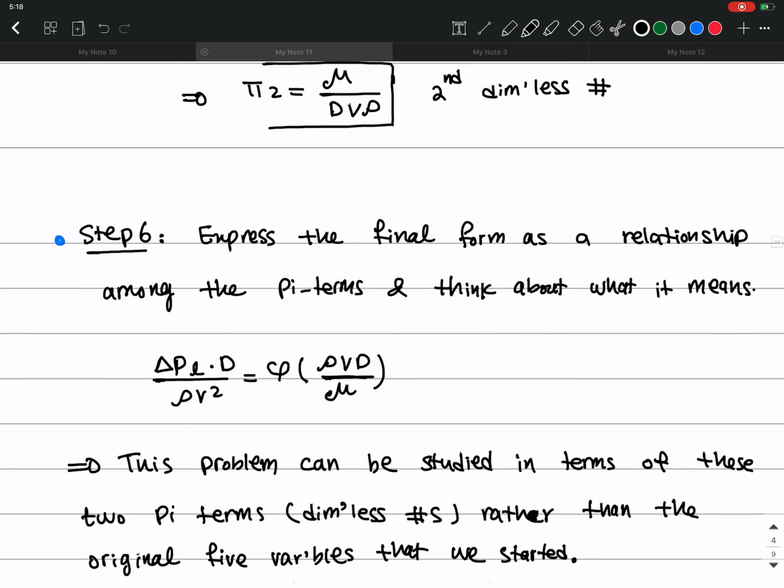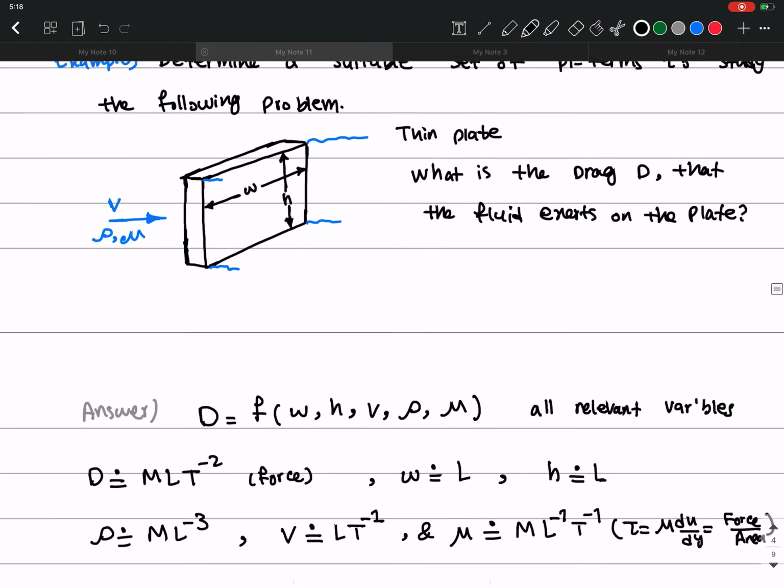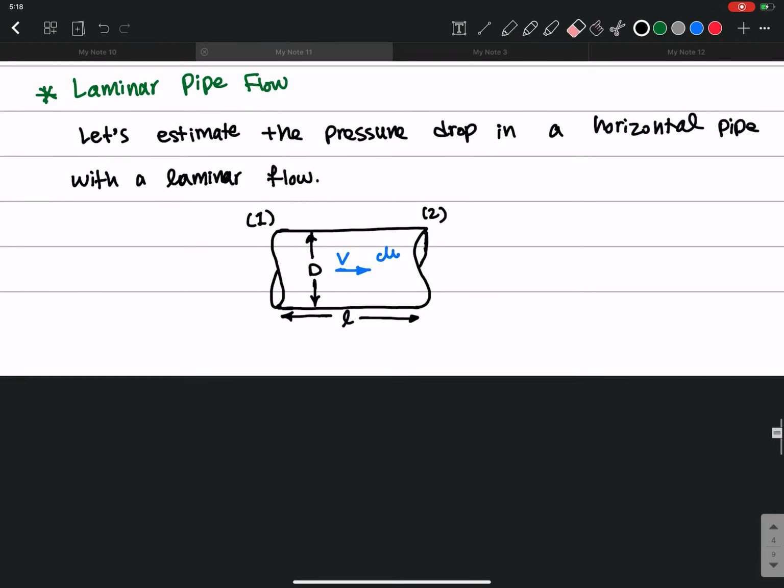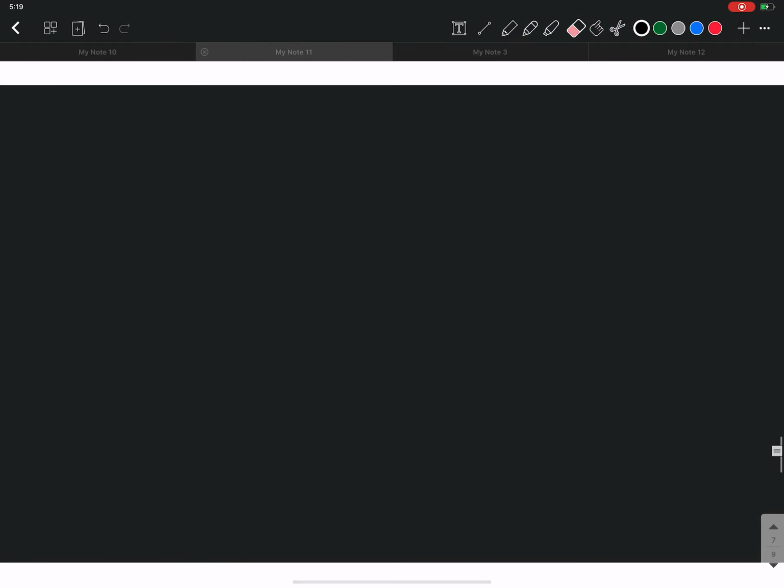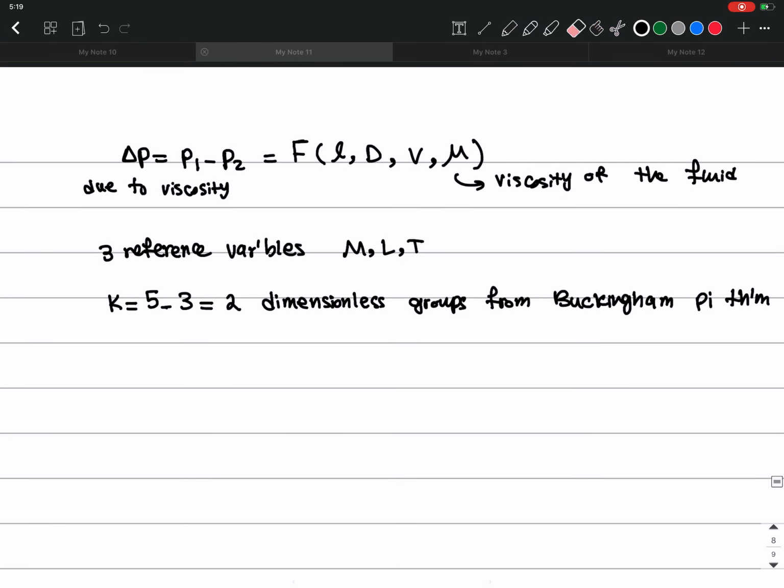So I just want to write the final thing here. For delta P, if you non-dimensionalize it, you will find it's going to be delta P times D over mu V. Okay.